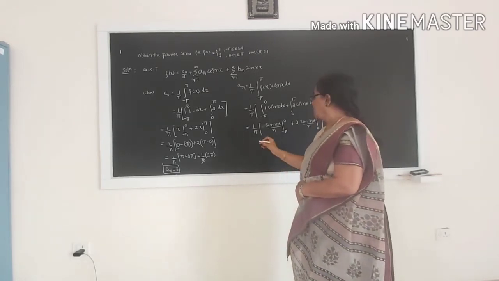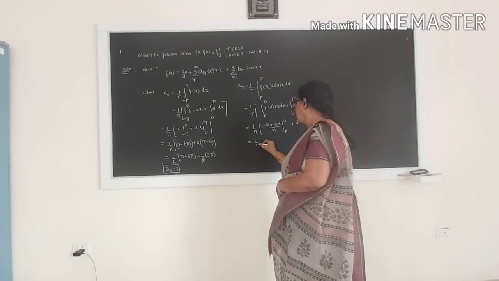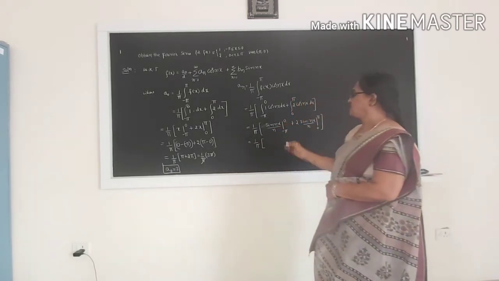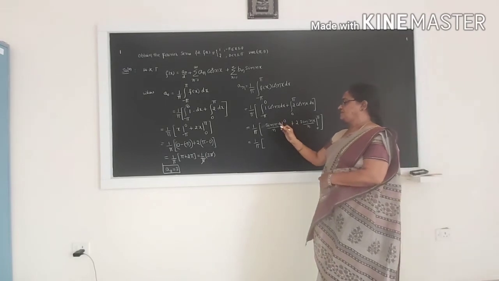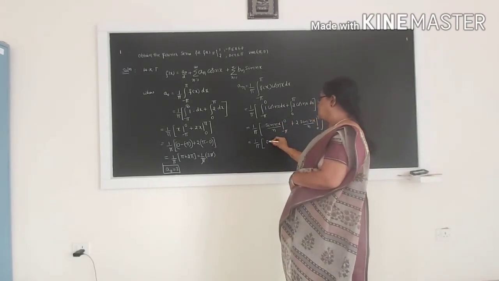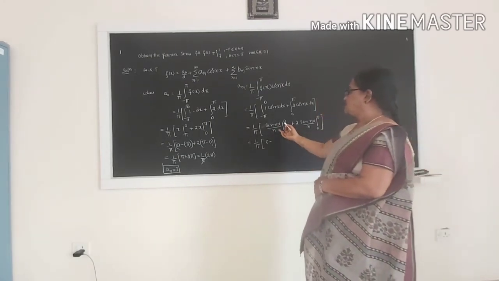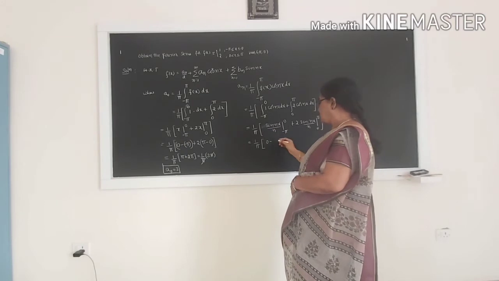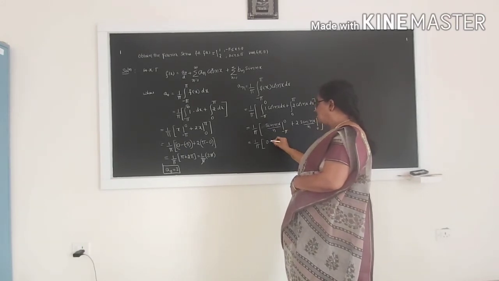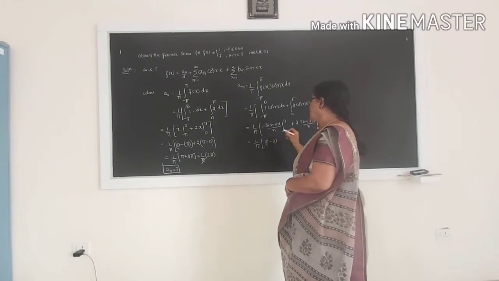Is it okay? Now I write this as 1 by pi times. If I am substituting x is equal to 0, it is sin 0. Sin 0 is nothing but 0, minus, if I am substituting n into pi, that is sin of minus n pi. Sin of minus n pi is minus sin n pi. Sin n pi value is 0.